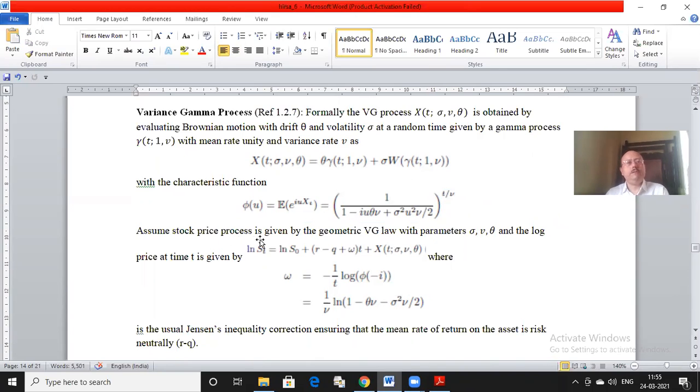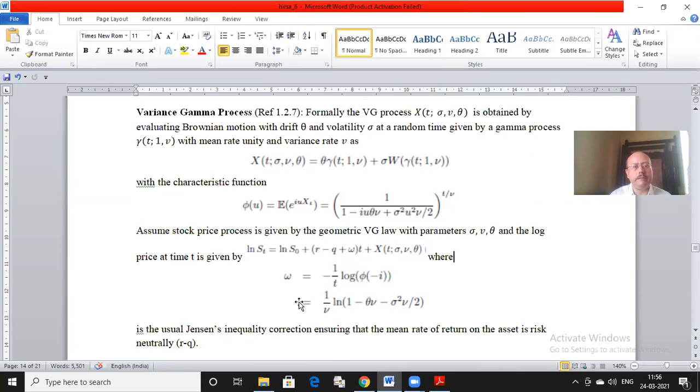So if I assume the stock price process is given by the geometric variance gamma law, which means the log stock price is given by this kind of an equation with parameters sigma, nu, theta, then the log price is explicitly given by log St equal to log S0 plus this times t plus X. So X is the variance gamma process, where omega is our mean correction.